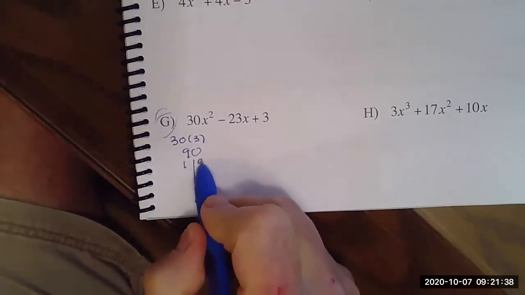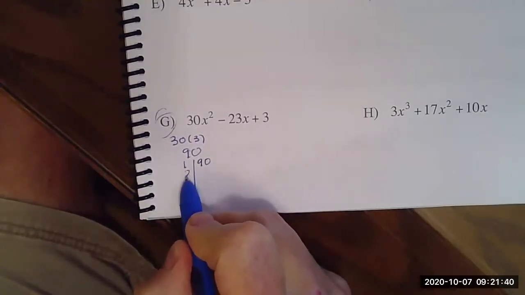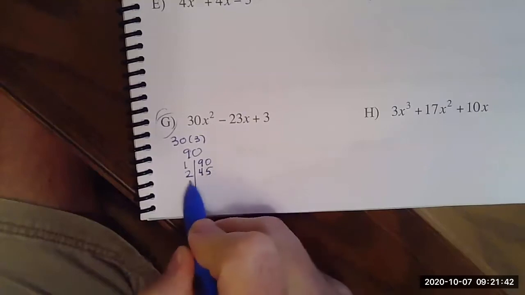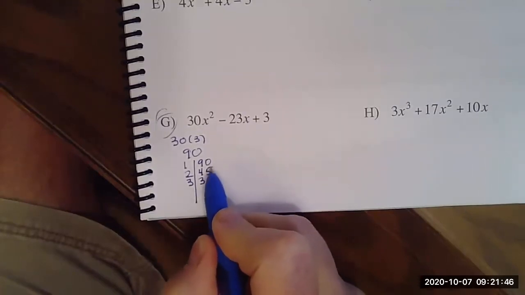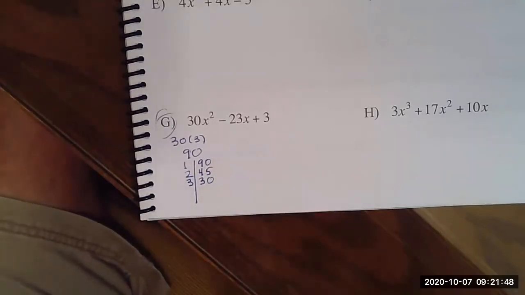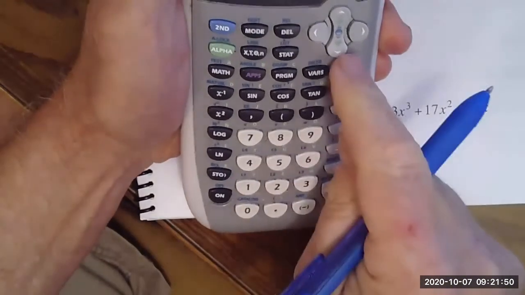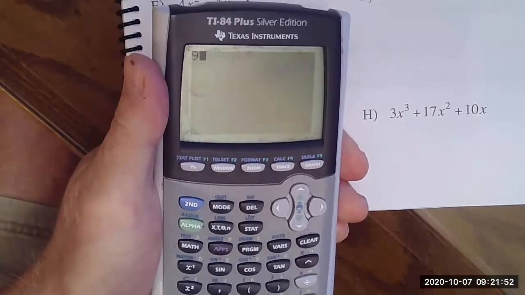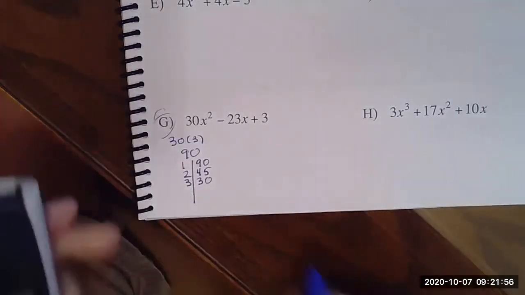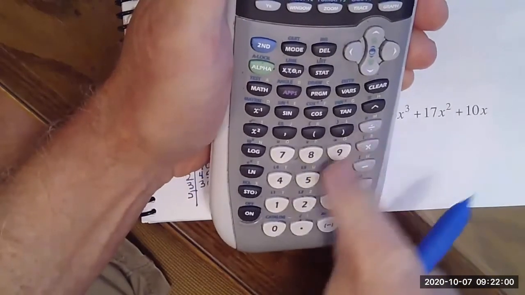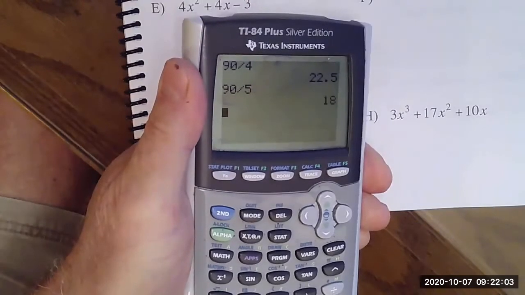1 and 90, that's not it. 2 and 45, no. 3 and 30, nope. Does 4 go into that? I don't think so. No. 5 does. So you got 90 divided by 5 and 18.